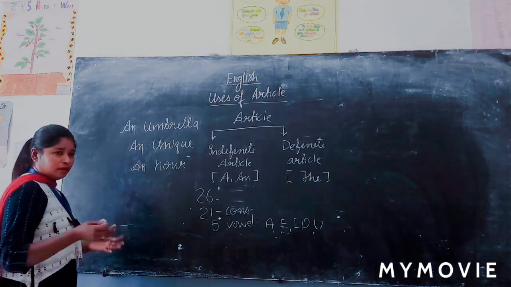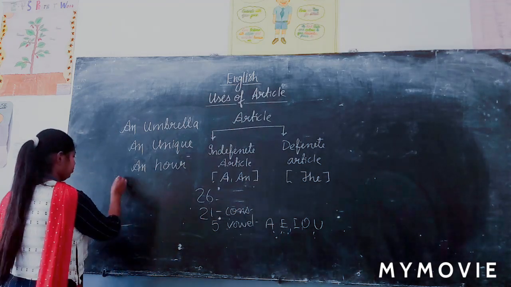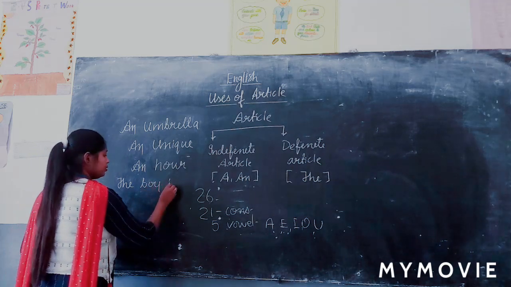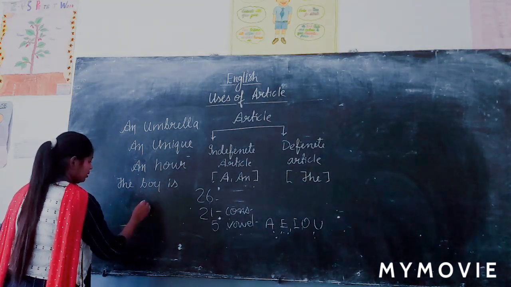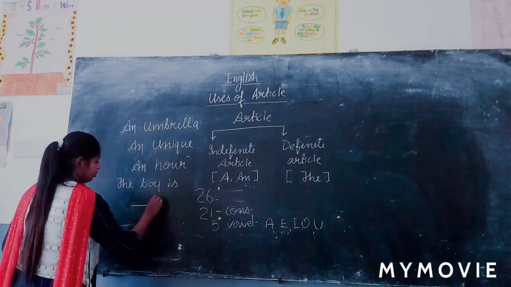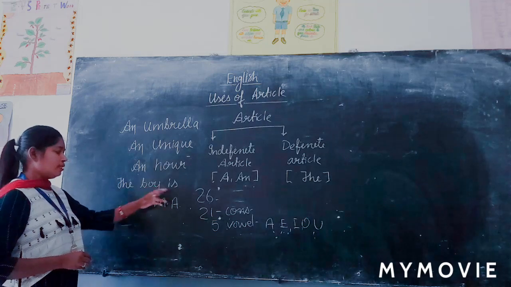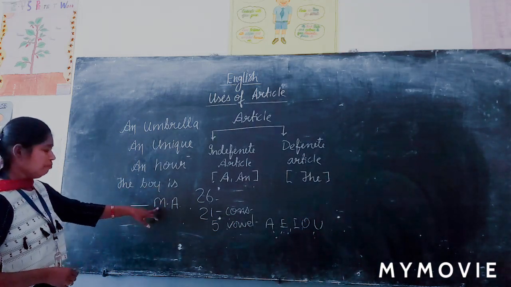Now another example you can see. Suppose the boy is M.A. So what should be here?